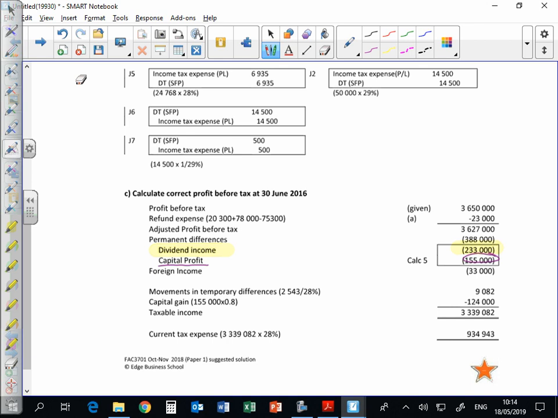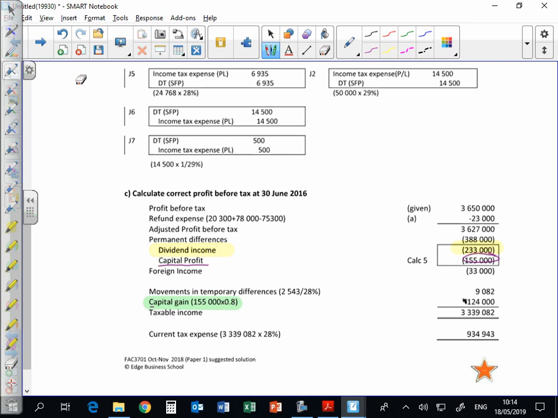So at 80%, that's what we will be taxed on, and we add that capital gain of 155 times 80%, and that must be added. Okay, just please fix this negative. It should be added over there, right, not taken off.